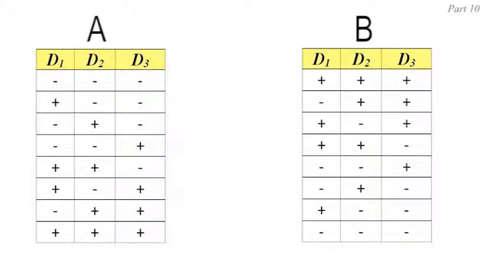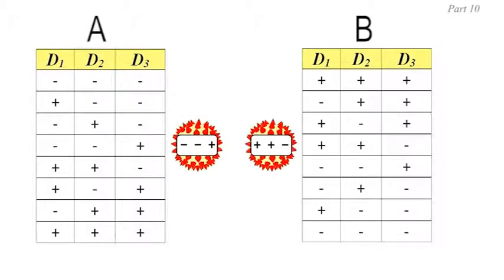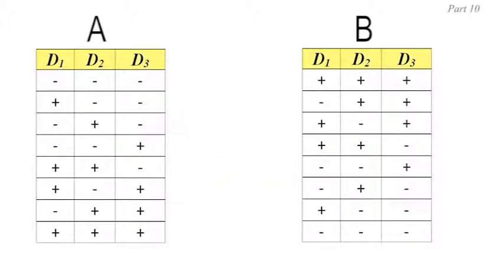The A electron taking from the A table and the B electron taking from the same line of the B table. It might be this one from line 4, minus minus plus for A and plus plus minus for B. Or it might be any one of the 8 combinations in the tables.